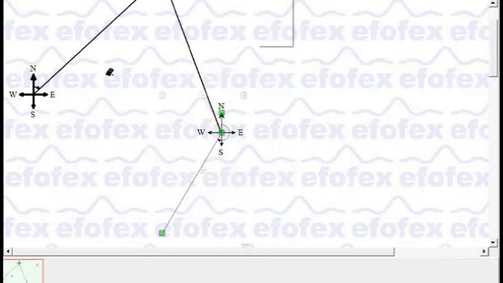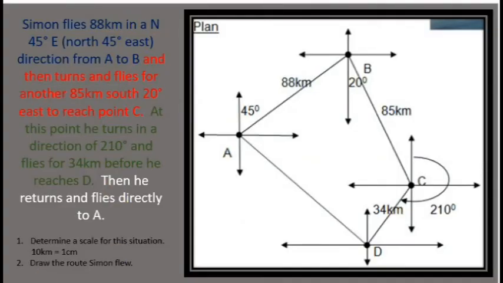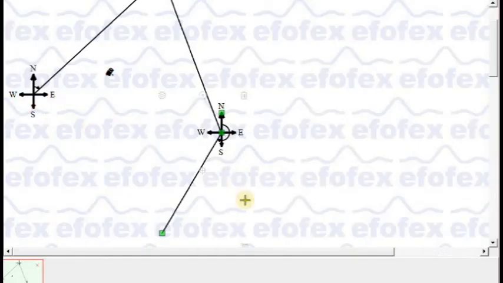And this one we just make a little bit more visible. Okay, so we have our 210 degrees from north to here, and it must be 34 kilometers. So if we take our ruler from here, it must be 34.